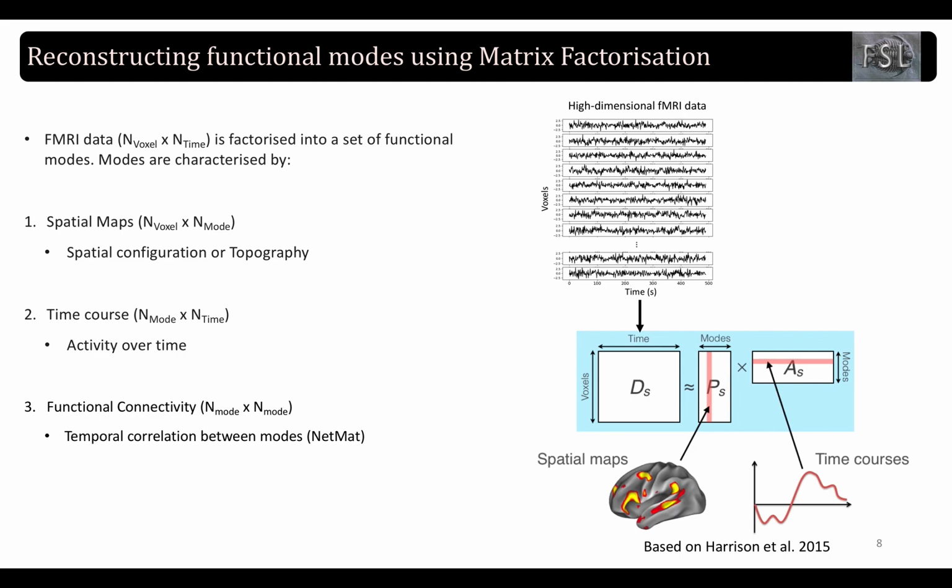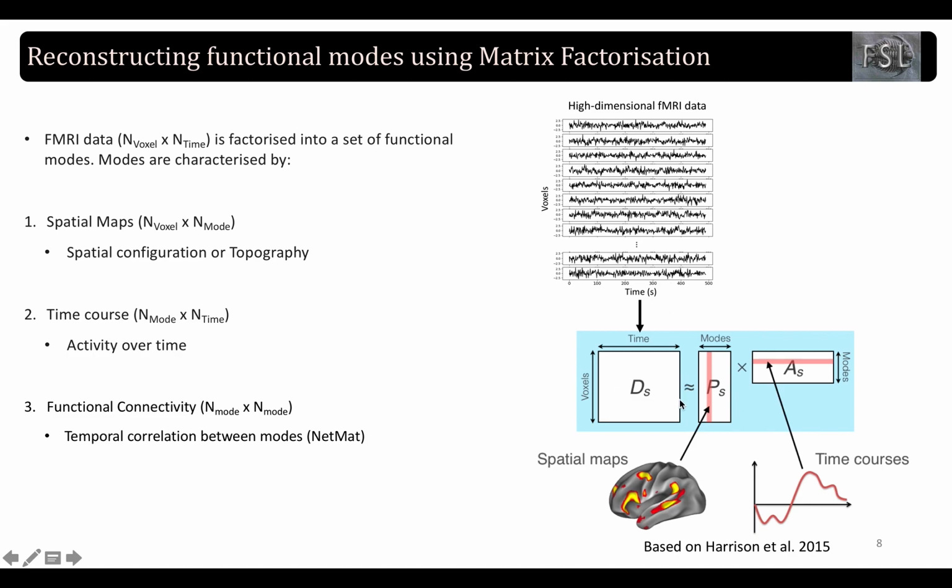PFMs generally belong to a family of methods that are broadly referred to as matrix factorization methods. This type of matrix factorization is also used in many well-known methods such as ICA and PCA. Let's assume that we have an fMRI data of size voxel by time for a subject.